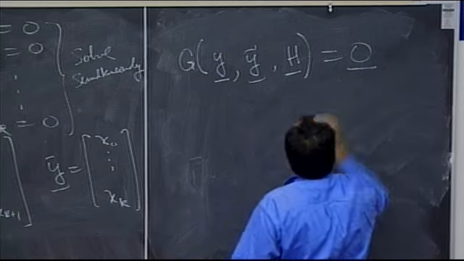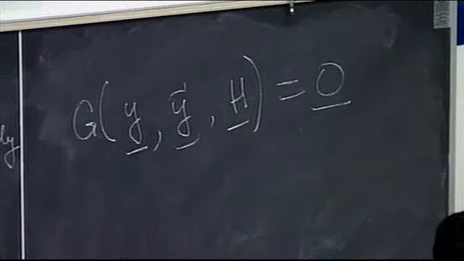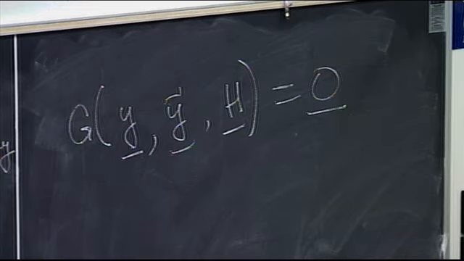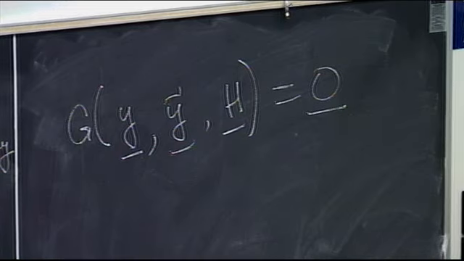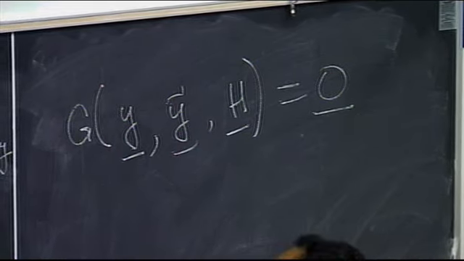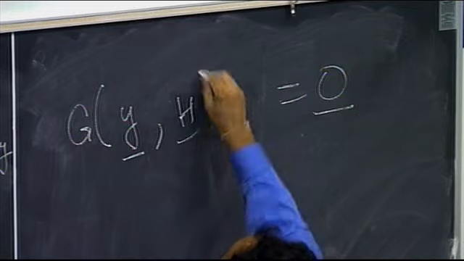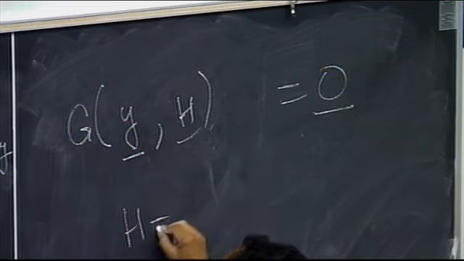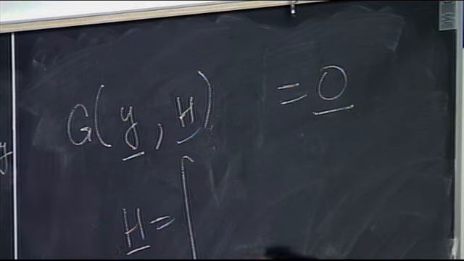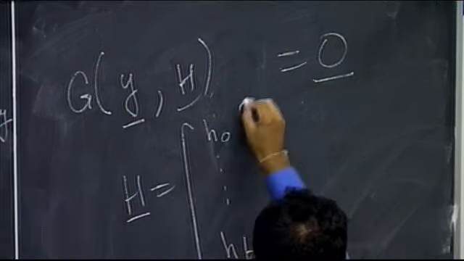I can do that, right? Now, if I solve that, I could solve for all these at the same time. So if I want to, I can drop the dependence on y tilde because it's really just a function of y because I don't need it, where h is equal to all of these values, h0 up to hk.